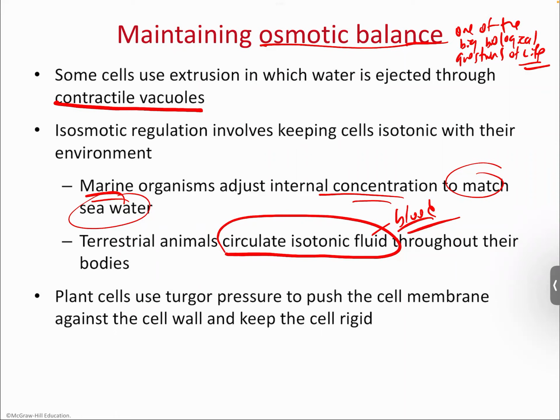So you basically have kind of a cordoned off system of isotonic solution. It's separated from the outside world so that you don't have to worry about what your outside world looks like.